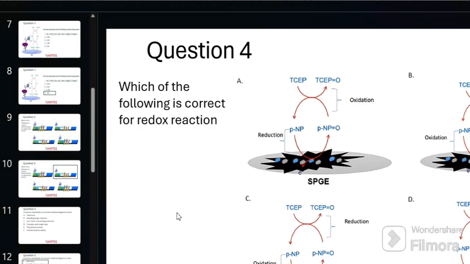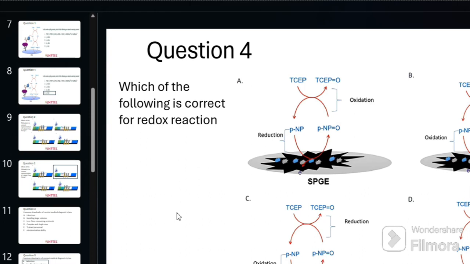The basic fundamental thing is we need the reaction to release an electron. The main reason we are doing it is to release an electron. Release of an electron happens only in an oxidation reaction, not in a reduction reaction.